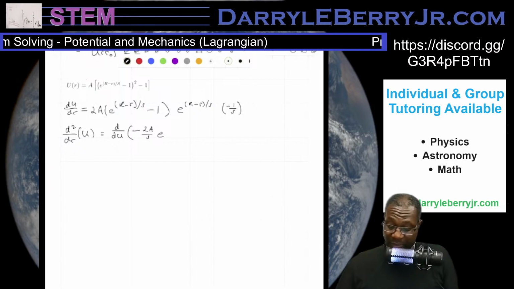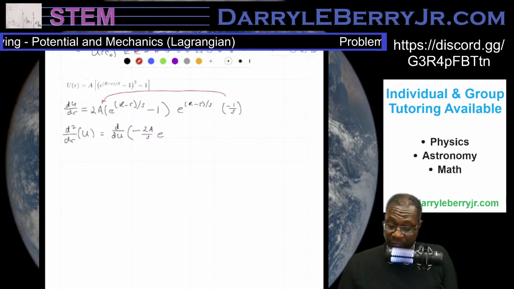Try to do this all at one time. The negative 2a over s. I'm going to multiply this over here. Now I'm going to distribute that to both of these at the same time.